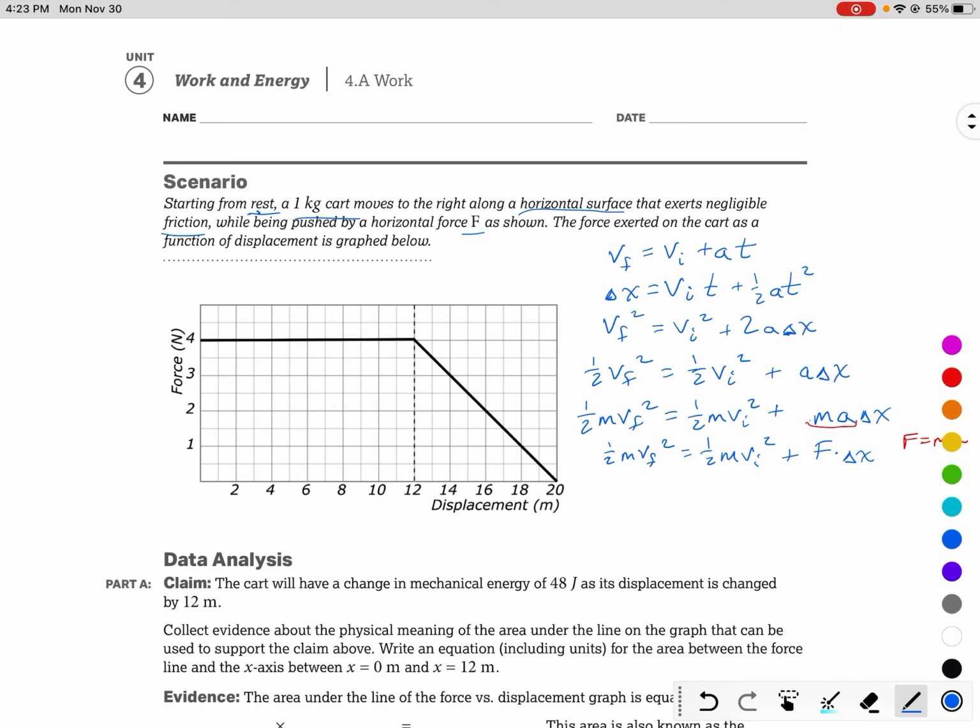And then one further reminder is that work, we've defined work as force times a displacement. There's also a cosine of angle term, but in this case, we've got a cart that's being pushed by a horizontal force along a horizontal surface. So the force and displacement are in the same direction, so that cosine term is just equal to 1. So work is just here force times displacement.